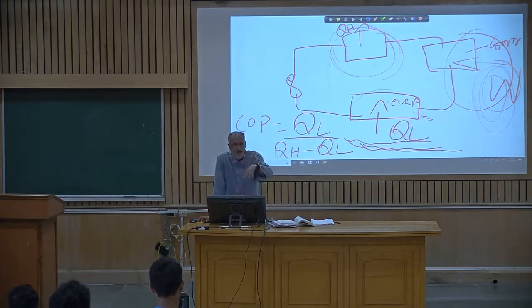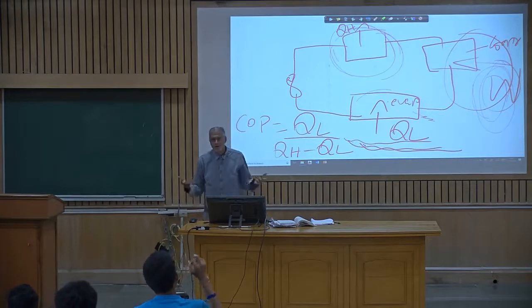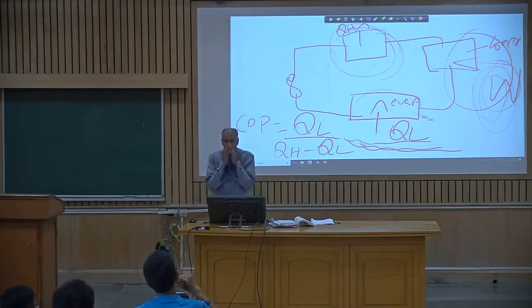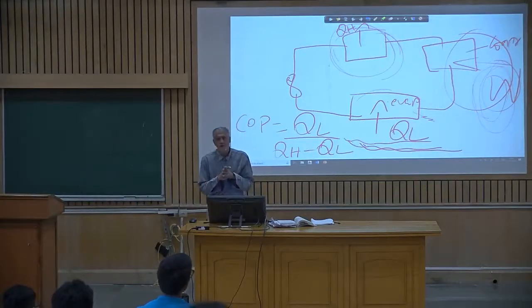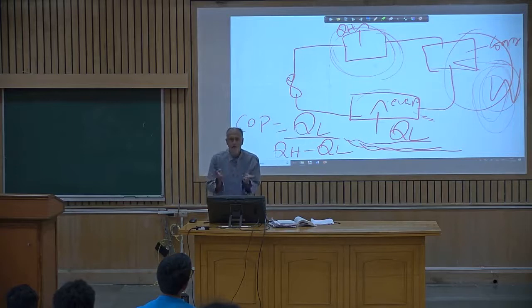If it's only QL and QL, it will stop. That will not work. If you don't input work, if you make work zero, that's the whole point. Clausius statement is if you make the work zero, QL is simply QL. Vapor will not again become liquid. Process stops. Got it?